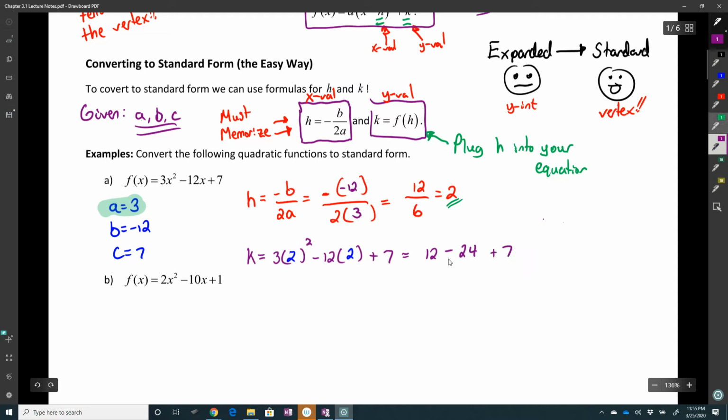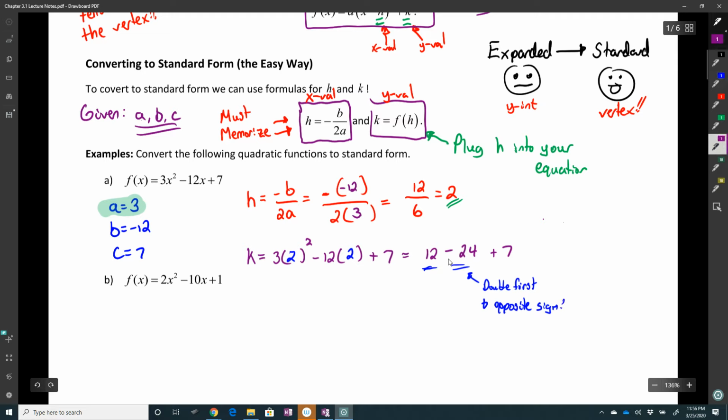Now, you know you've done this right when you see a special pattern happening with these numbers. Notice that this 12 and this negative 24: the second number is double the first and opposite sign. Okay? That always happens.